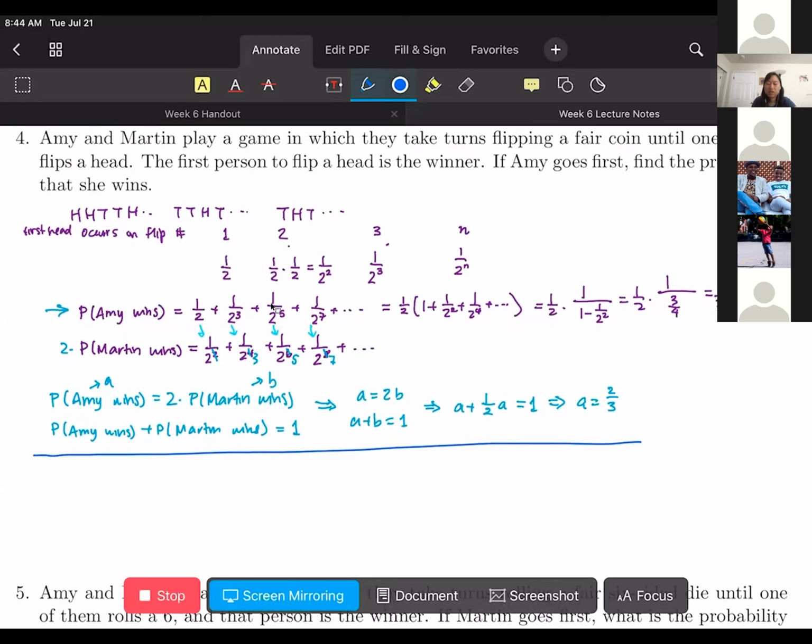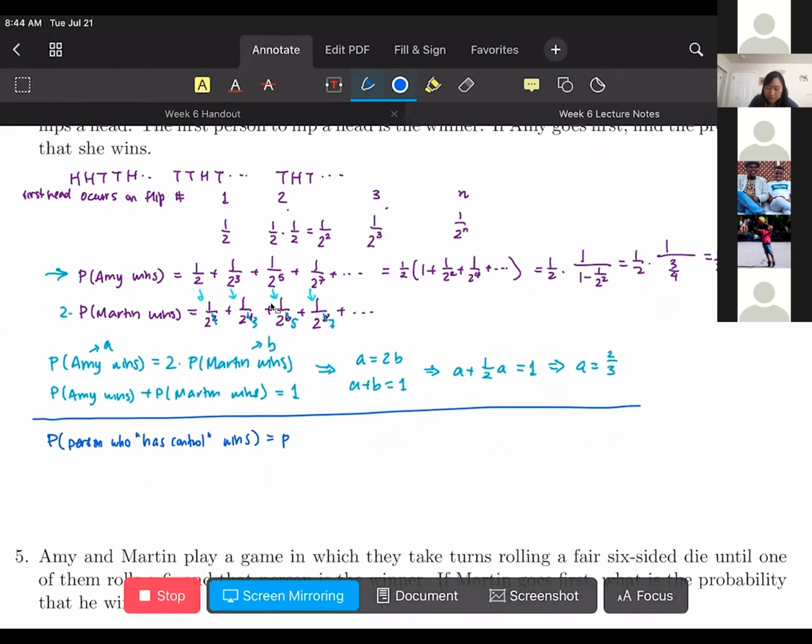So we could say the probability that the person who has control wins equals, maybe we can call this P. And so Amy starts first, so she starts in control.